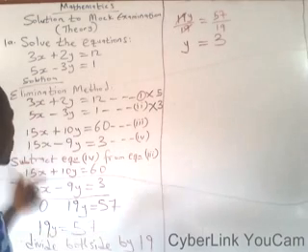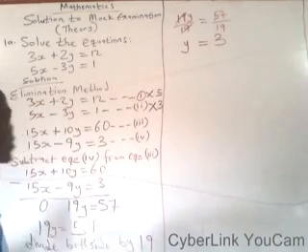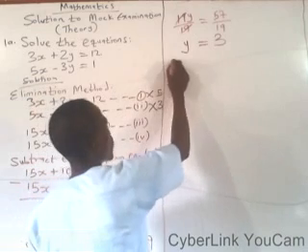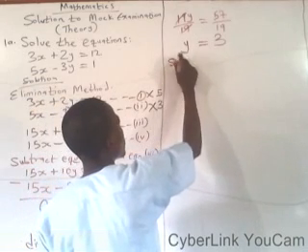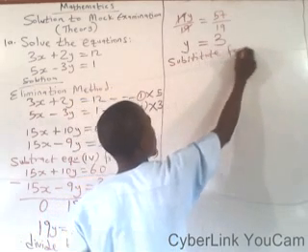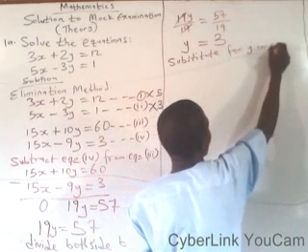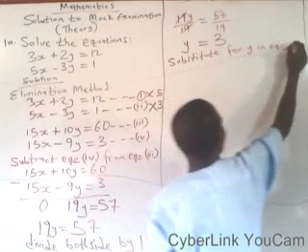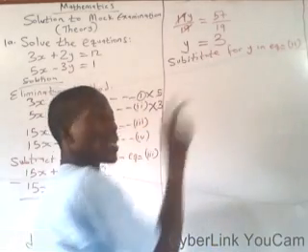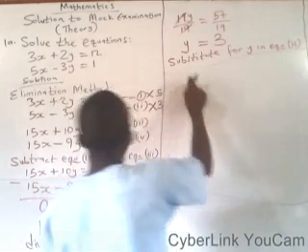Now, I want to decide. I pick that of equation 2. If I pick equation 2, I will substitute for y in equation 2. The meaning of substitution here means I want to replace y with 3 in equation 2.